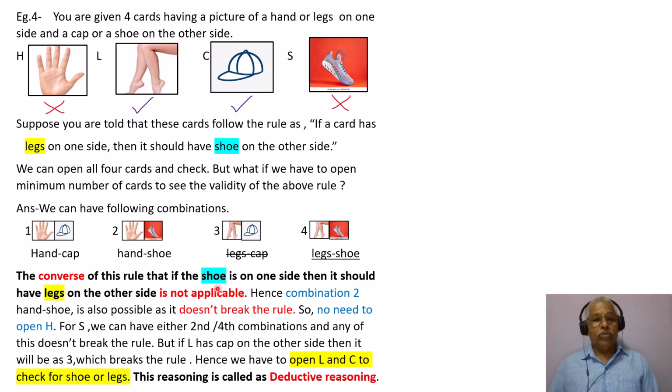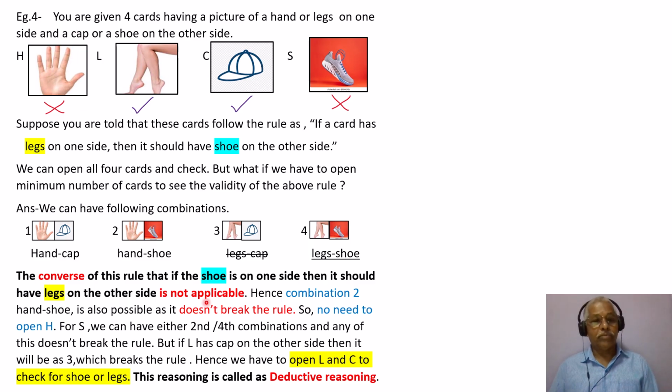So the converse of this rule, that if the shoe is on one side, then it should have legs on the other side, is not applicable. Hence combination 2, hand and shoe, is also possible. This can have hand on the other side, or this can have shoe on the other side.